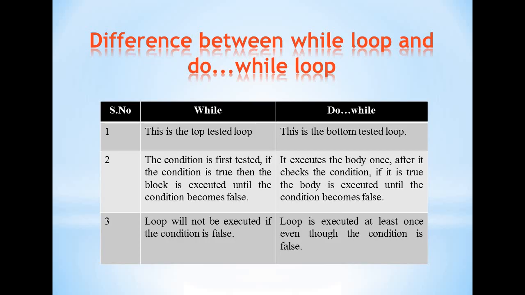After that it checks the condition. If it is true, the body is executed, otherwise it will be terminated. So the loop will not be executed if the condition is false in a while loop. In a do while loop, the loop is executed at least once even though the condition is false. So these are the 3 points of difference between the while loop and do while loop.